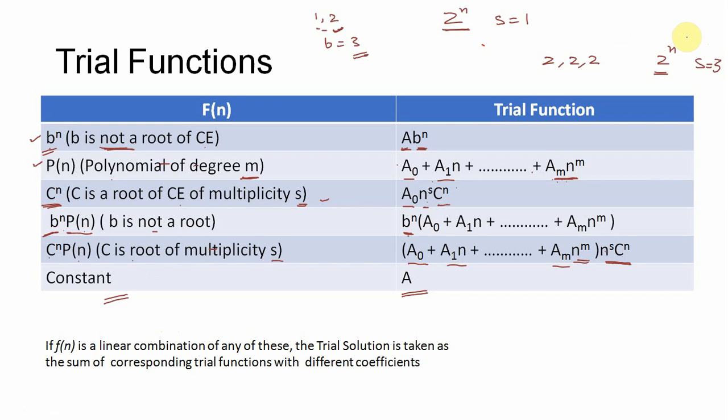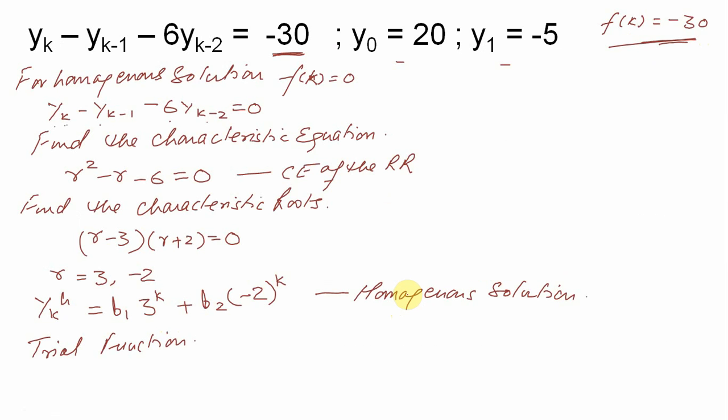So if you see the table over here, for a constant, the trial function is also a constant a. So the trial function yk is also a. This is the trial solution. Now I am going to substitute this trial function into the recurrence relation, as this is a constant.